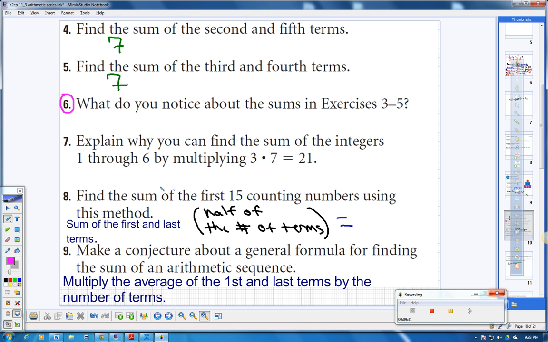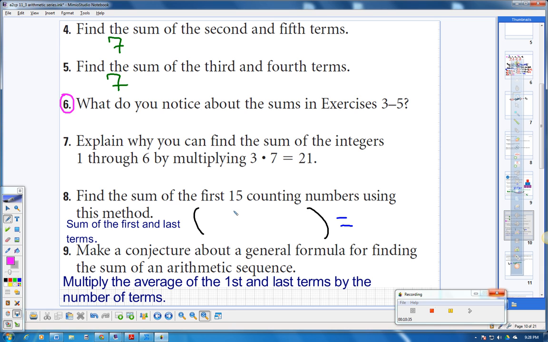All right, so the first 15 counting numbers. Well, when we have the first 15 counting numbers, using the same method, you might say, well, I know that the sum of my first term and last term, and by counting numbers, it means like 1, 2, 3, 4, 5, 6, 7, 8, 9, 10, 11, 12, 13, 14, 15. So the sum of my first term and my last term is 16.